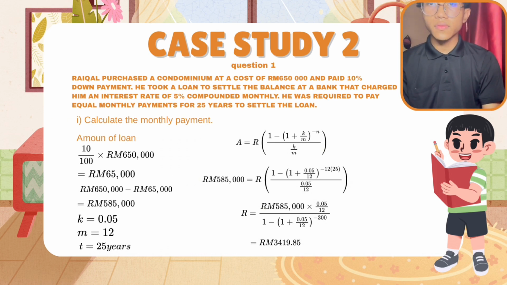Then 650,000 ringgit minus 65,000 ringgit, and we get 585,000 ringgit. From the sentence above, you can see the bank charged an annual interest rate of 5% compound monthly. 5% converted to decimal, you get K equals 0.05, M equals 12, and T equals 25 years.